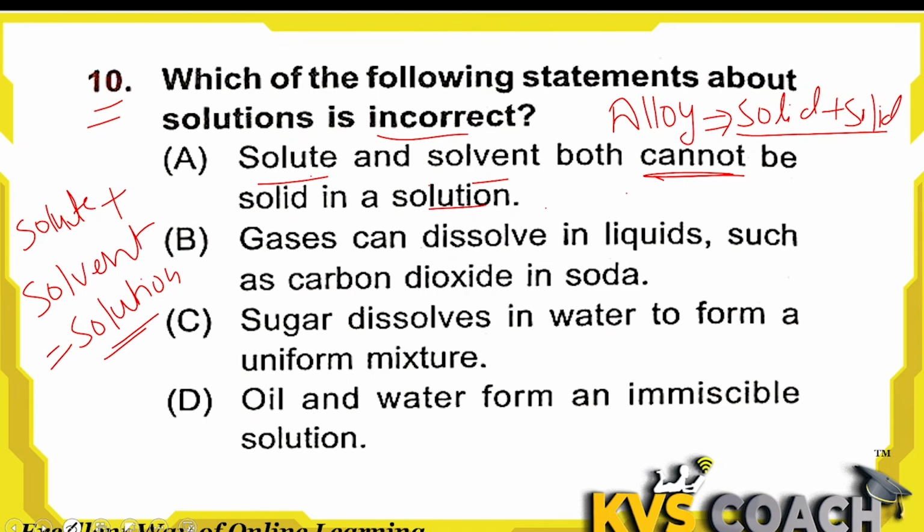I told you in the previous question, the magnetic properties 6th question, that steel is an alloy of iron. That's why it has magnetic property. Like steel, brass is also an example of an alloy. Brass is an alloy of copper plus zinc. Copper metal and zinc metal, Cu is copper, plus zinc, that's why it is solid again. So solid plus solid is making brass.